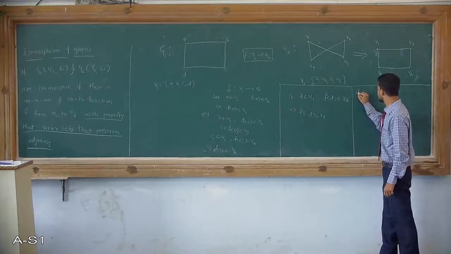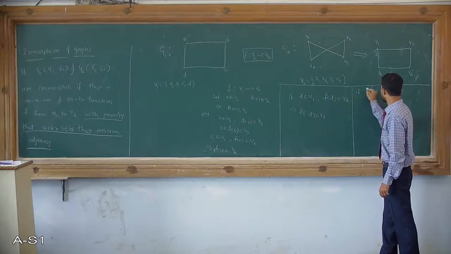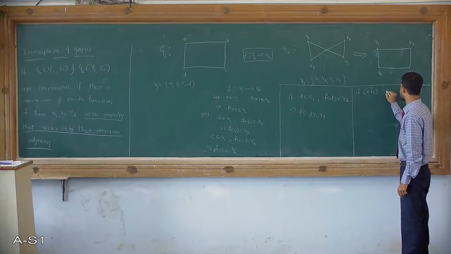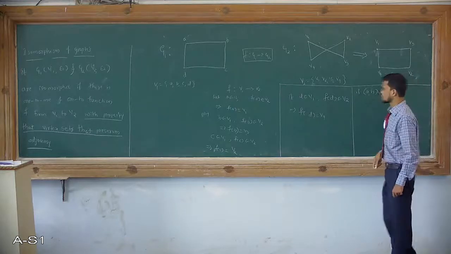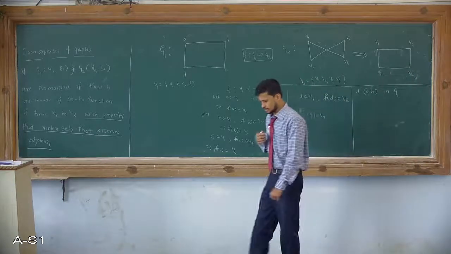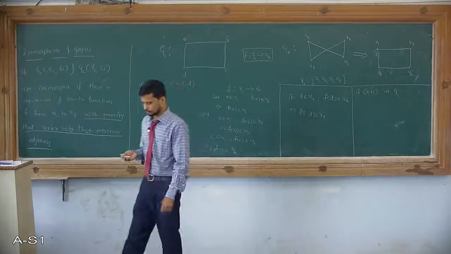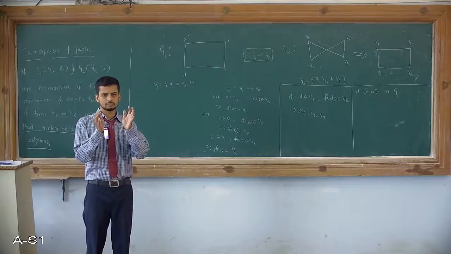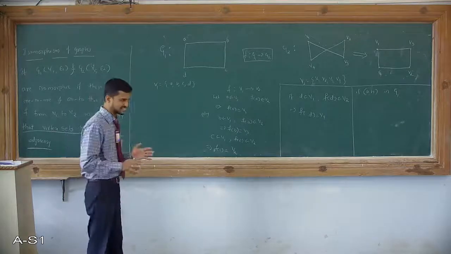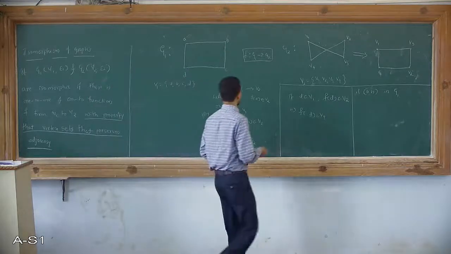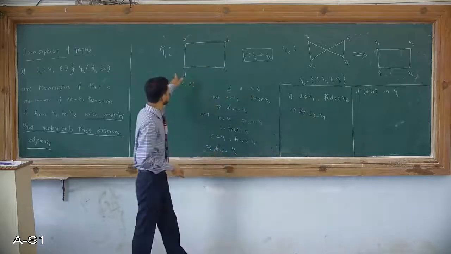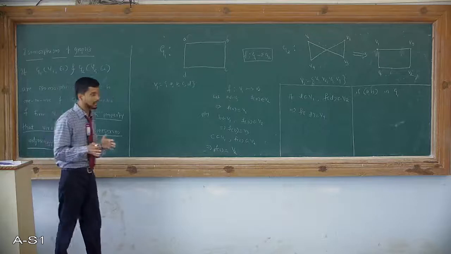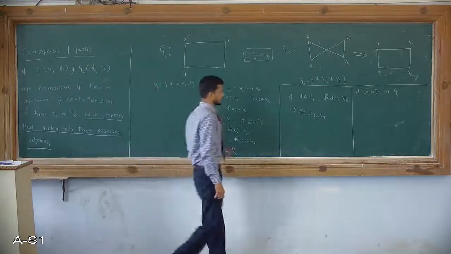If AB is in graph G1, what does A comma B mean here? I have gone through it in the very first class dealing with the definition of a graph: an ordered pair of two vertices is an edge. So here A and B belong to graph G1, therefore the ordered pair A comma B is an edge in graph G1.